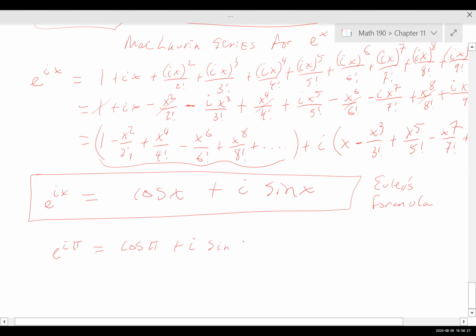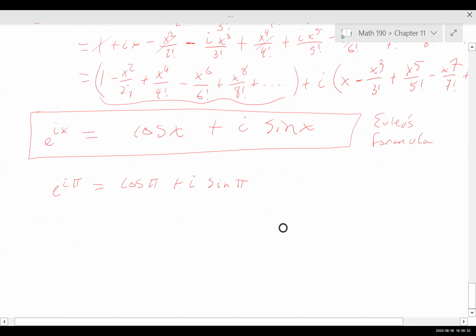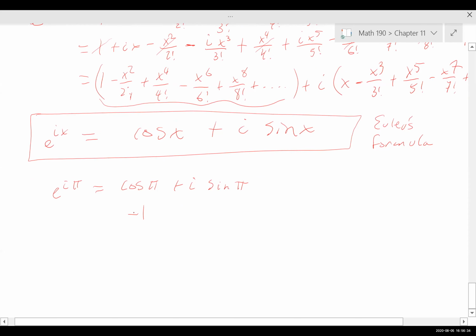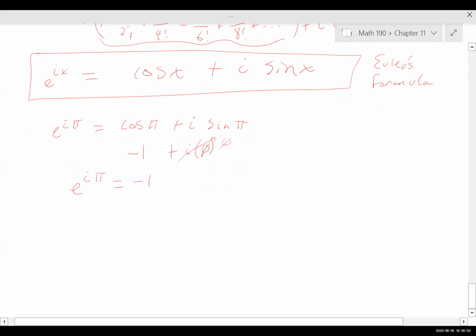The cosine of pi is -1 and the sine of pi is 0, so this goes to 0. So e to the i pi equals -1. If I bring the -1 to the other side, I get the extremely famous Euler's identity: e to the i pi plus 1 is equal to 0.